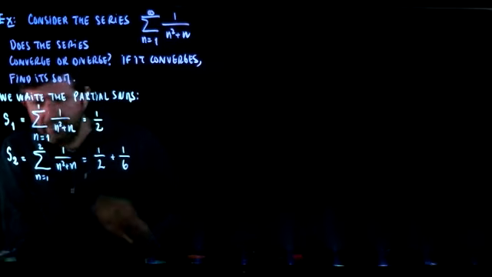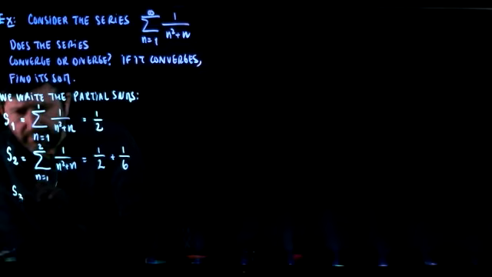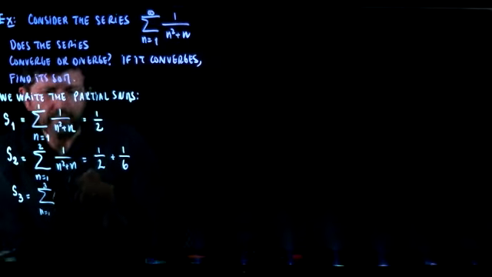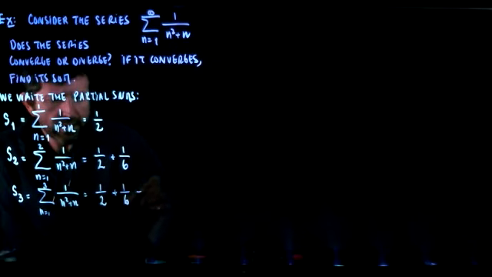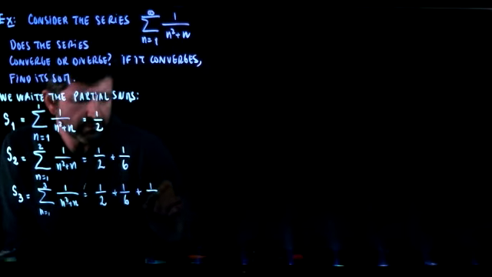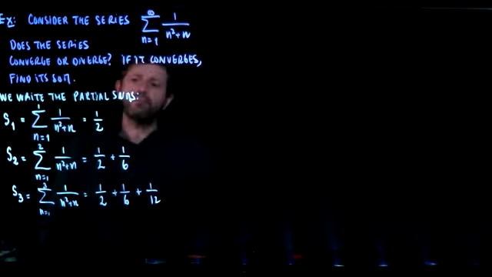You get it? S3 is the sum from n equals 1 until 3 of 1 over n squared plus n. That's going to be 1/2 plus 1/6 plus, when it's 3, 1 over 12. You understand what I'm doing?